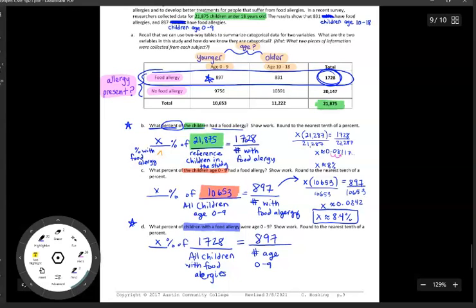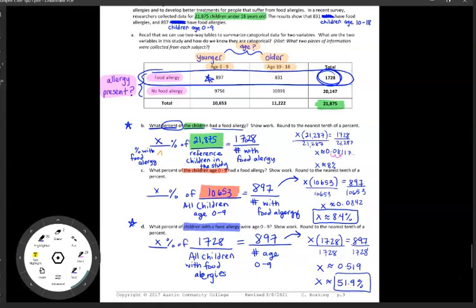So let's calculate. Okay, so when I translated that template to an equation and I solved the equation, I got about 51.9%. So a little more than half of the children that had food allergies were in the younger age group. So none of these problems in A, B, or C were new.